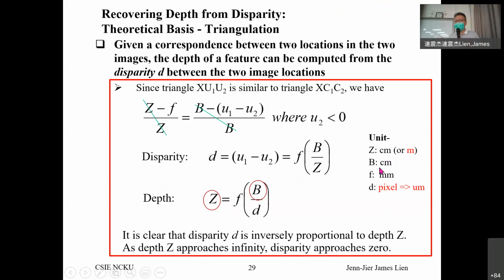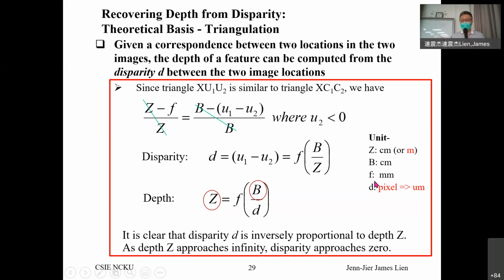For the baseline, in my experience, RealSense uses stereo, and I think there it is only about 3 centimeters, so about 3 or 5 up to 30 is my experience.